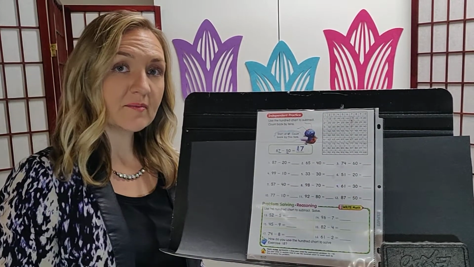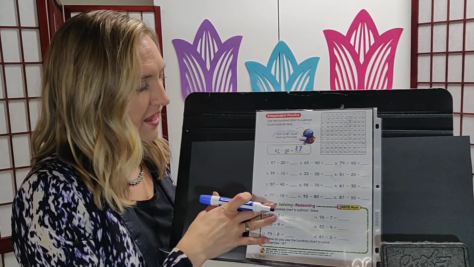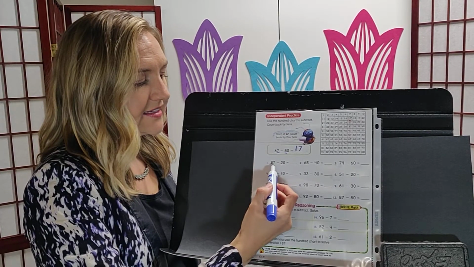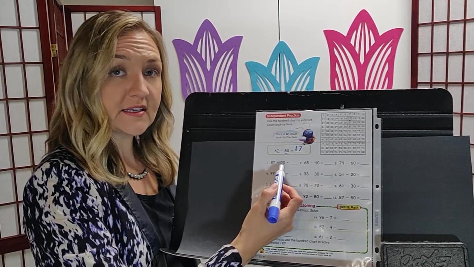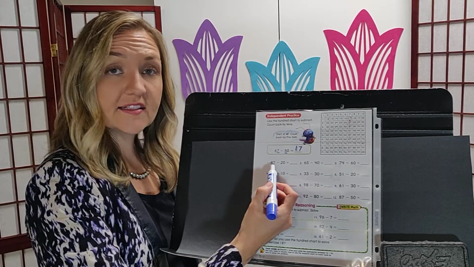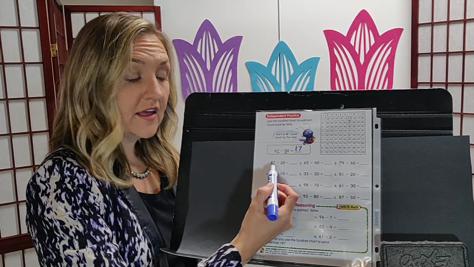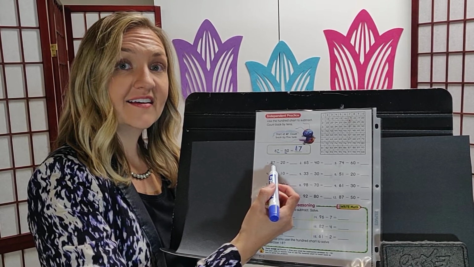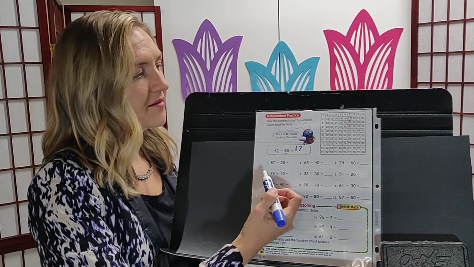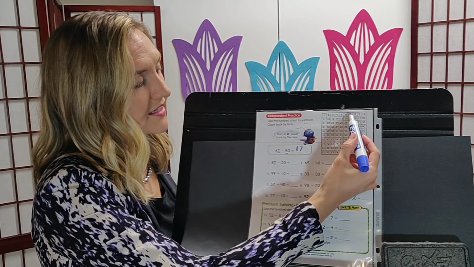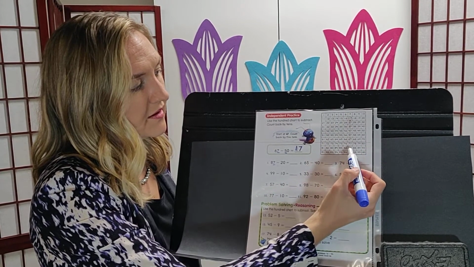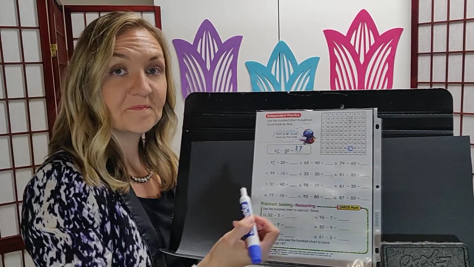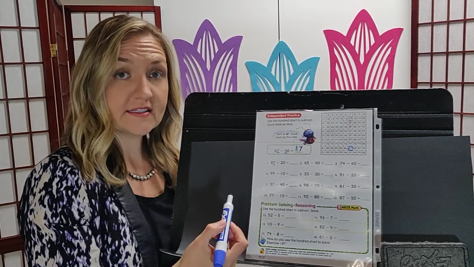Okay, let's go ahead and do numbers 1 and 2 together. Number 1 says 87 minus 20. 87 ends with, so what column do we look for it? In the 7's column. So let's go to 87. Let's see, here's our 7's column. 87. Now we're subtracting 20.